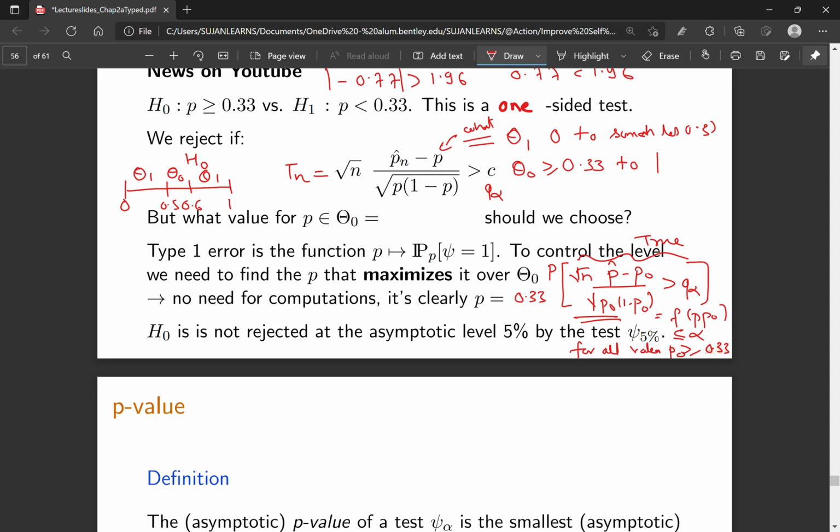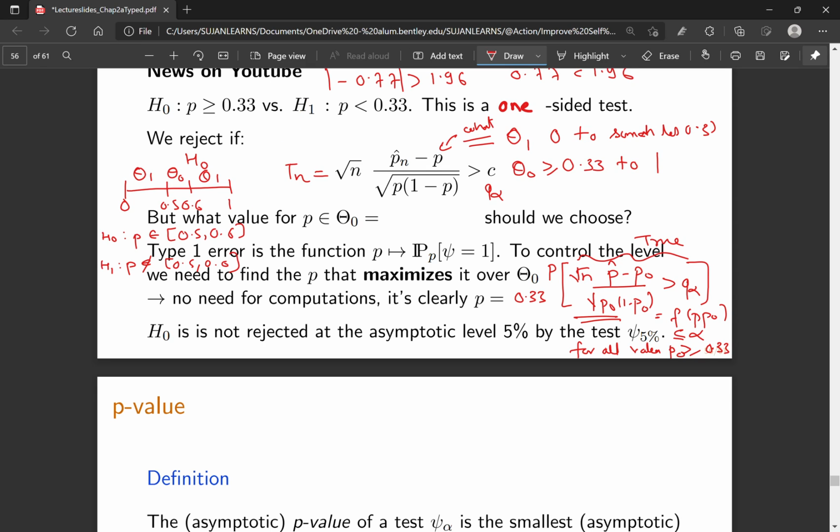So let's say H naught is P belongs to 0.5, 0.6, and the alternate hypothesis is that it doesn't belong to 0.5, 0.6.